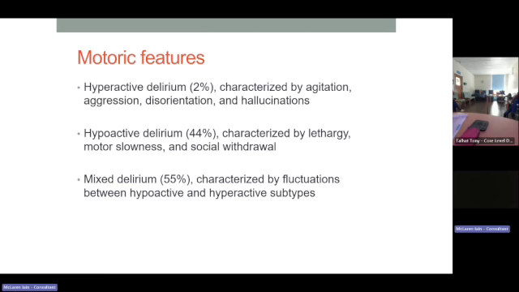Much more dangerous is hypoactive delirium, and it's dangerous because we don't recognize it and we don't pay it the same attention as the patients that are hyperactive. The hypoactive delirium patient will lie very quietly in bed. They'll be very withdrawn, lethargic, and not really interacting with their environment.